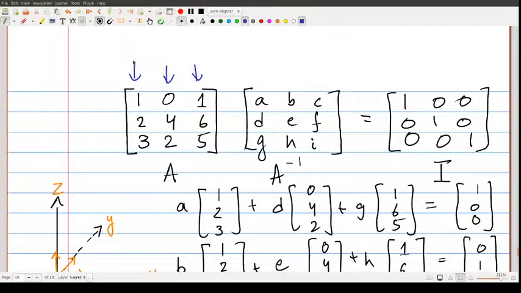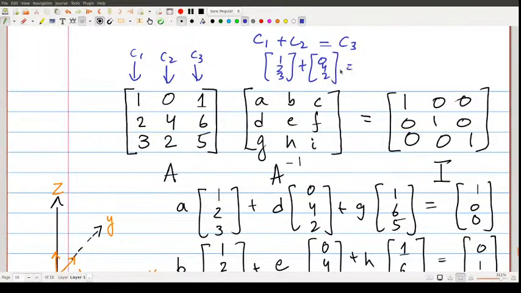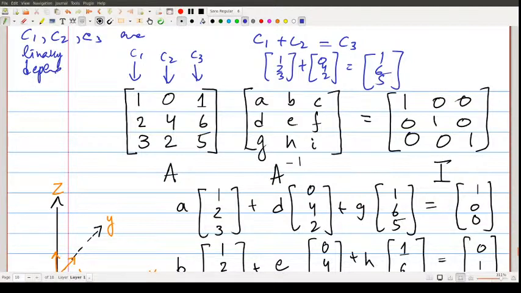If you take these as C1, C2 and C3, then C1 plus C2 is C3, right? 1, 2, 3 plus 0, 4, 2 gives me the third vector 1, 6, 5, which means C3 is a linear combination of the first two columns, so C1, C2, C3 are linearly dependent.